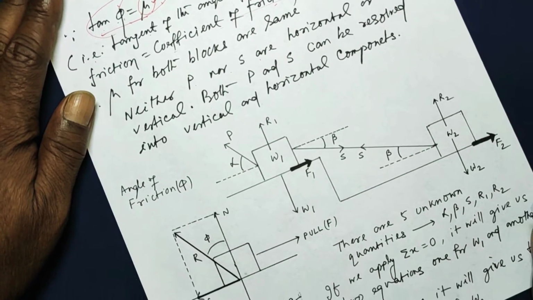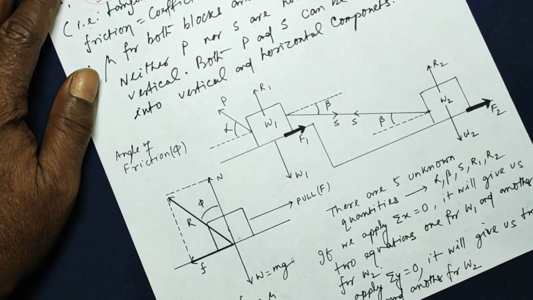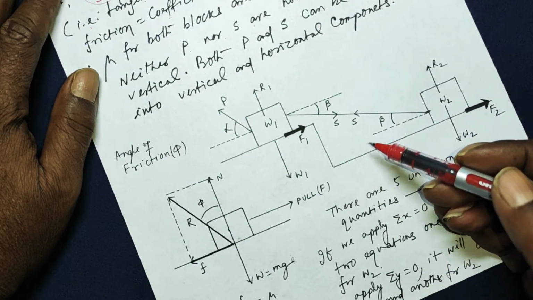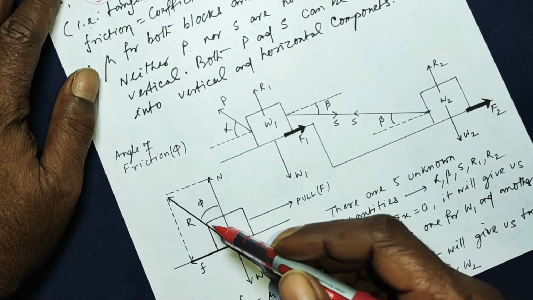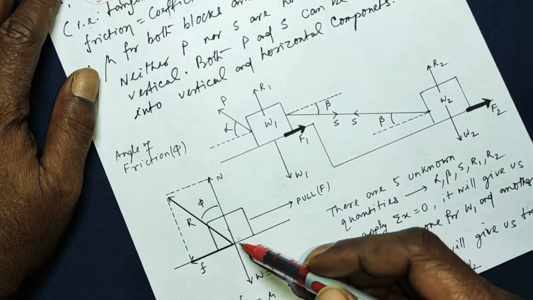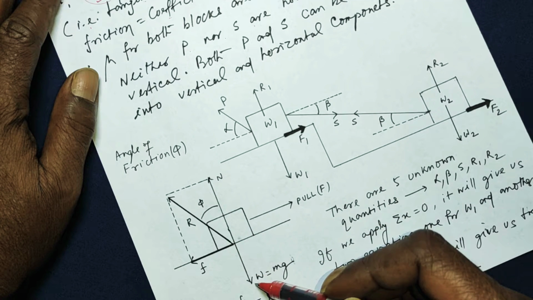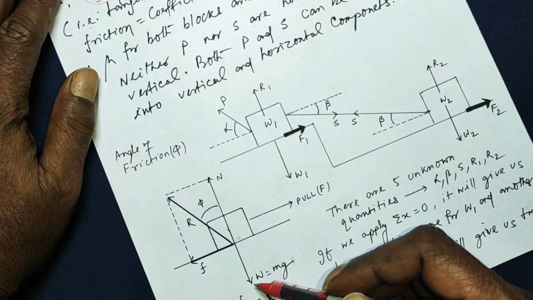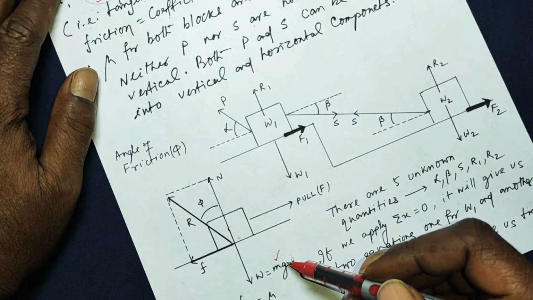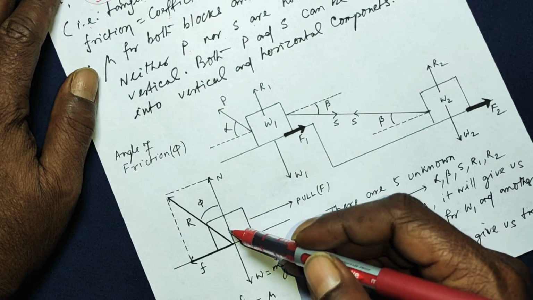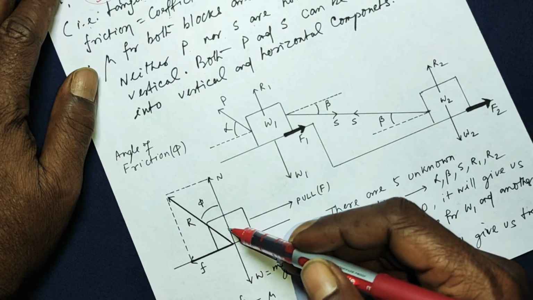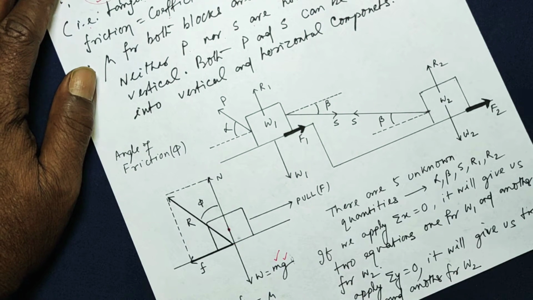Now, let me explain the angle of friction, then we'll go back to solving the problem. If you look at the diagram here, this is a block having weight W acting vertically downward. If its mass is m and g is the acceleration due to gravity, the weight mg is acting vertically downward from the center of mass.